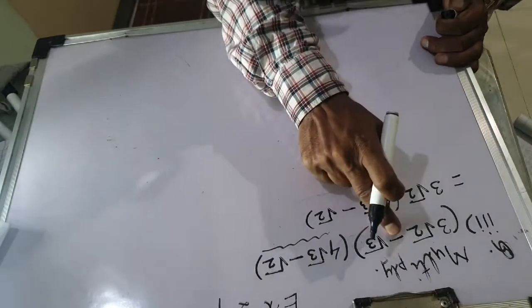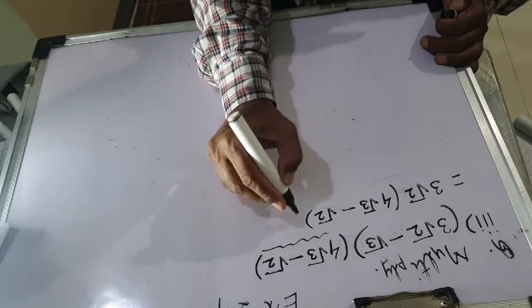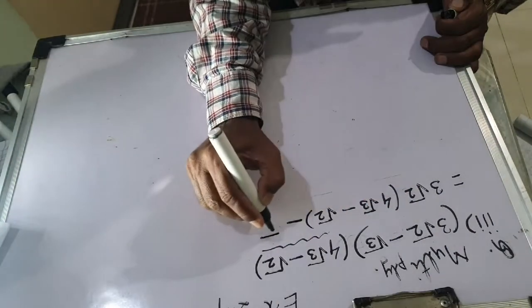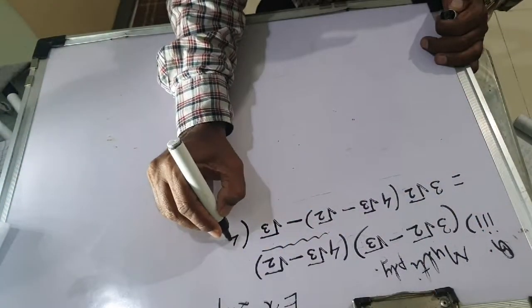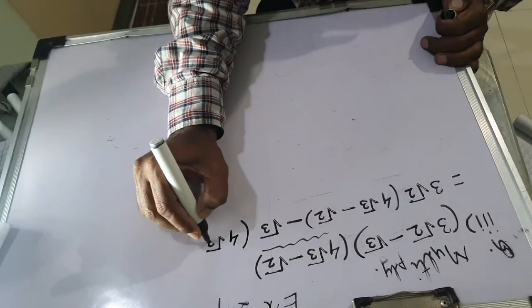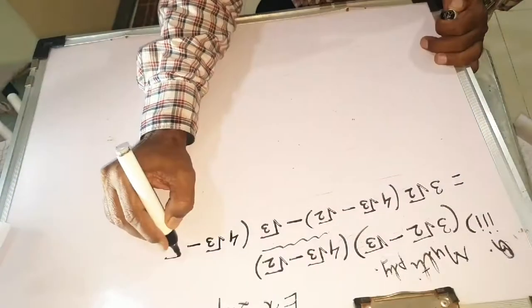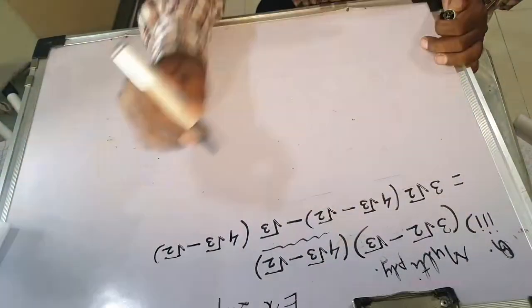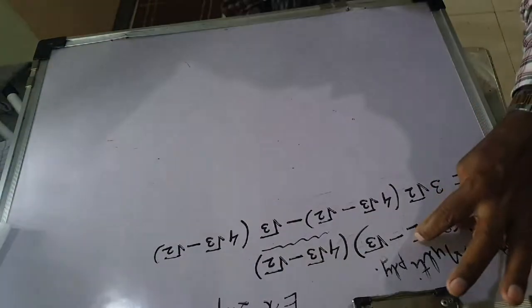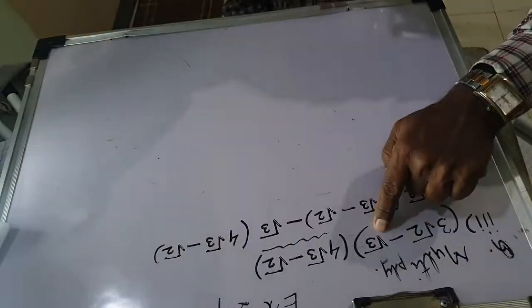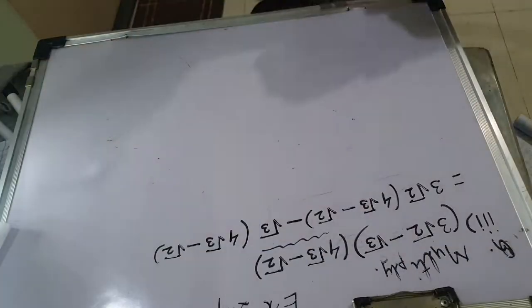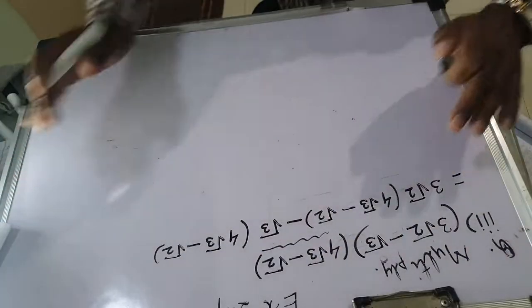Now by this root 3 I have to multiply, but it is minus root 3, into the whole bracket 4 root 3 minus root 2. So try to understand this. By this I have multiplied this bracket, and then by this root 3 I have multiplied this whole bracket. That I have just written separately.